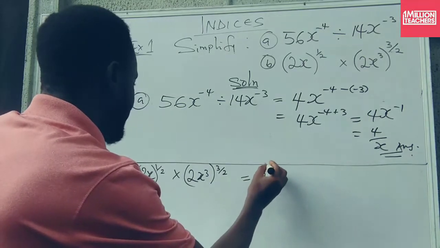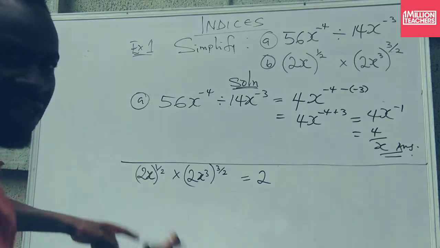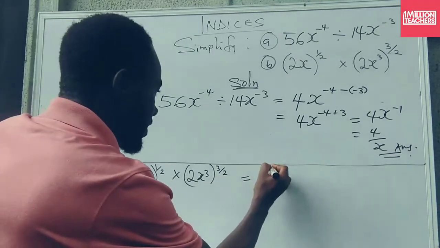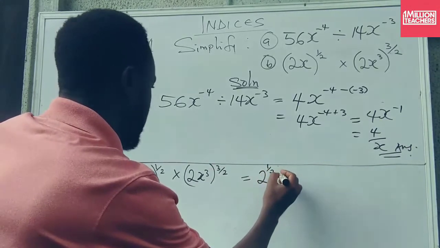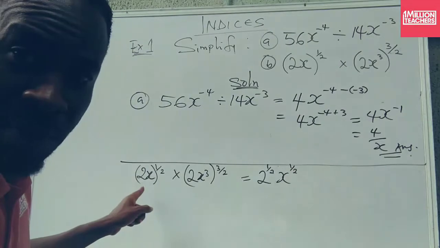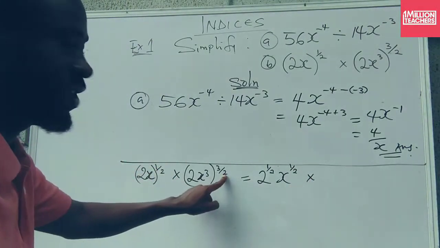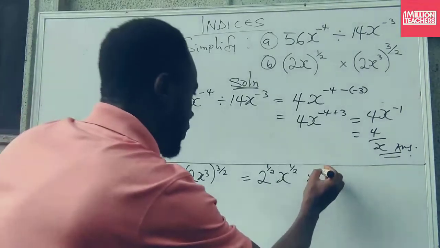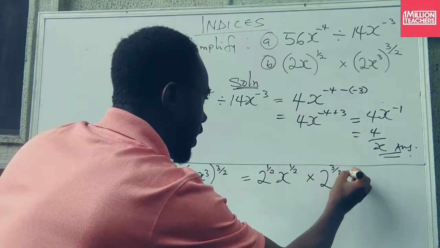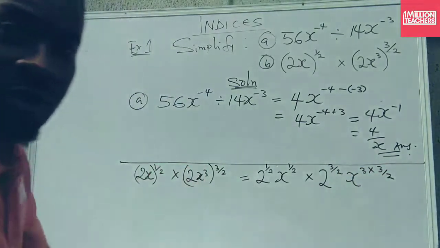First of all, remember this half, there's a bracket telling us that this half is affecting both 2 and x. So I'm going to write it like this, and then x, remember we did this under the power law, times, this is also affecting this 2, so it's going to give me 2 to the power of 3 over 2, and then x to the power of 3 times 3 over 2.